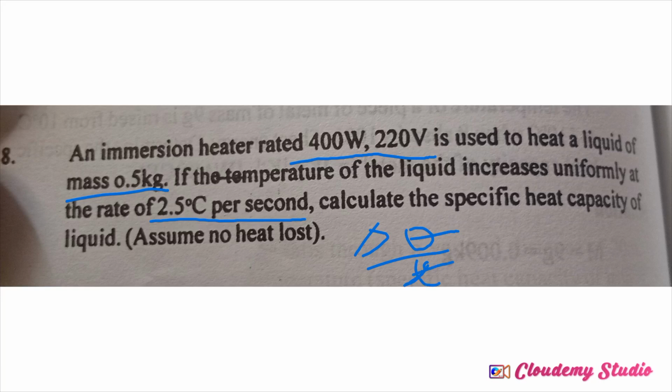Now let me just use t. They have given us two things here: the change in theta, which is 2.5 degrees Celsius, and the time, which is 1 second. Where did I get this from? They already told you per second, per 1 second. So don't confuse it, don't mix things up.